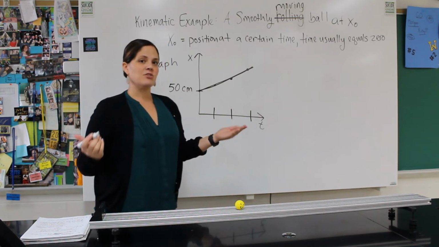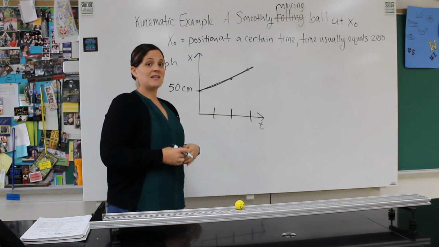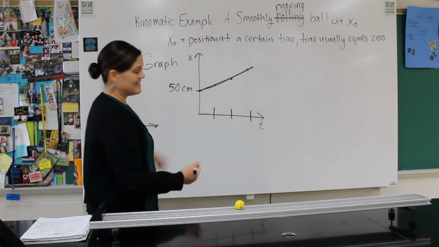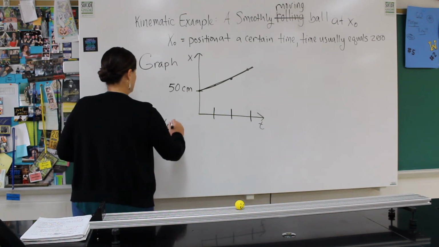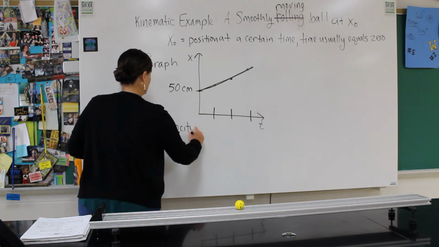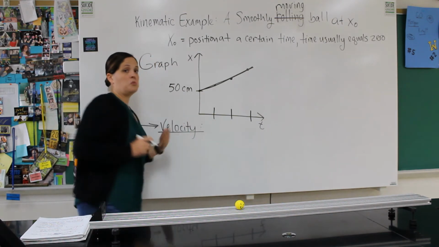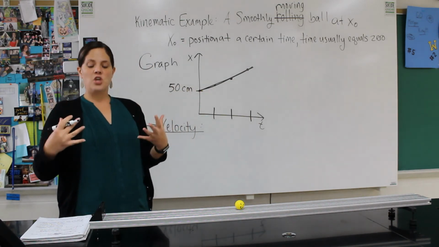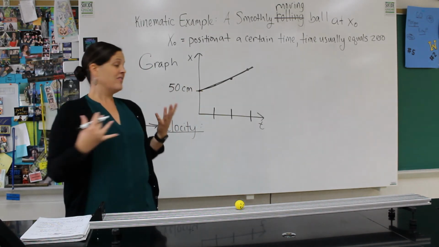So what does that mean about Janice? Well, that means that our smoothly moving ball at x naught has velocity. What is velocity? Velocity is the rate of change of position with time.